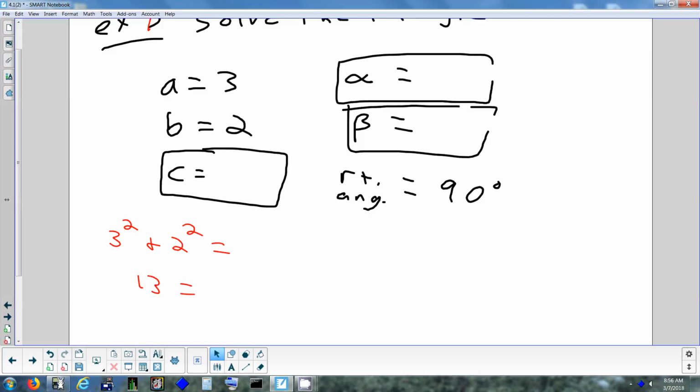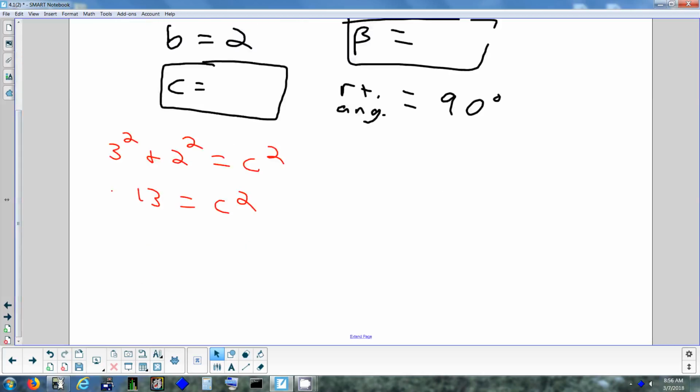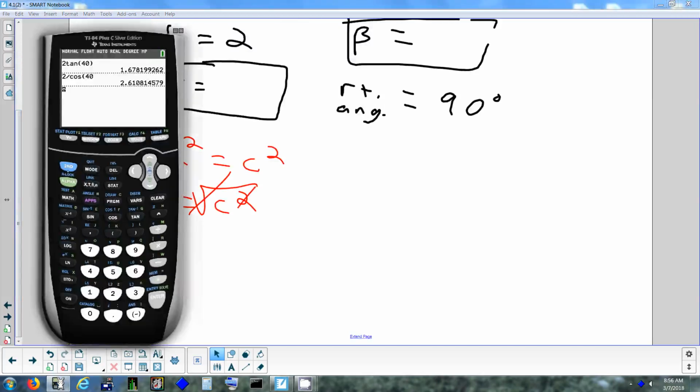Square root of 13 is C. Yeah, the square root of 13. So we want to put equals c squared, and then square root each side. And the square root of 13 is c. And we've been doing decimals, so let's just round that off. 3.61.